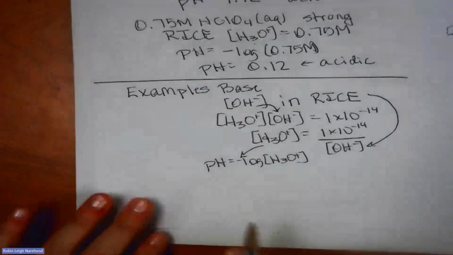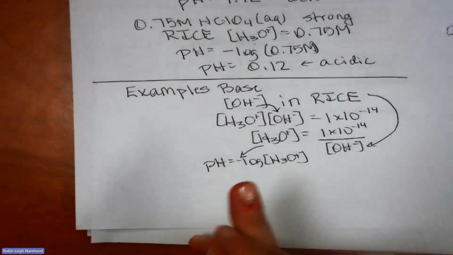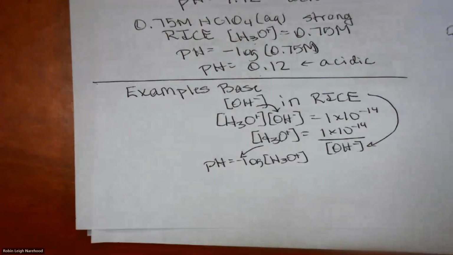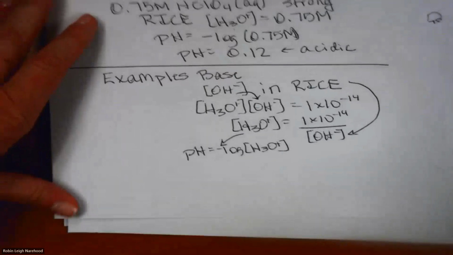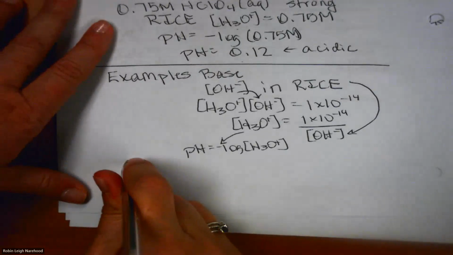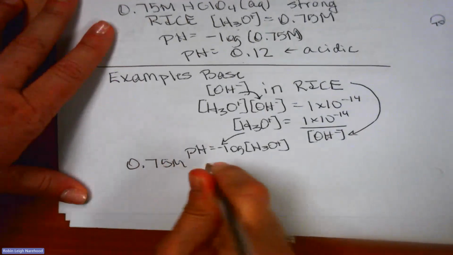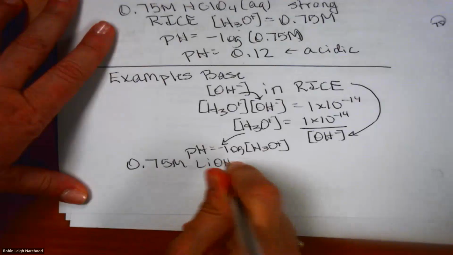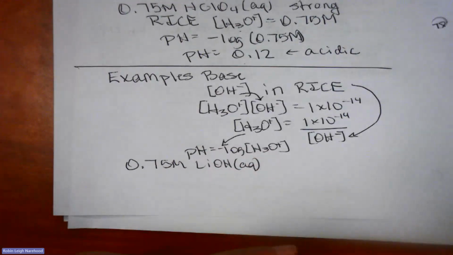Okay, so let's go back to some of the examples that were bases. What was one of our first bases? The very first RICE chart that we did was 0.75 lithium hydroxide. That was the very first one that gave us hydroxide.